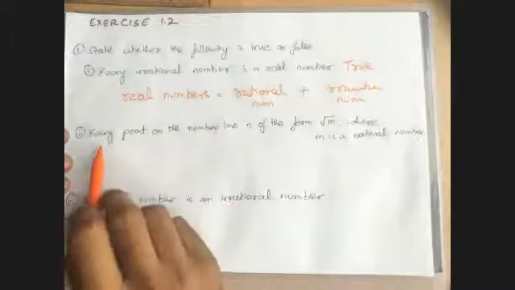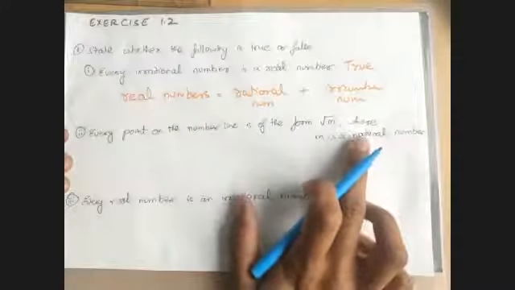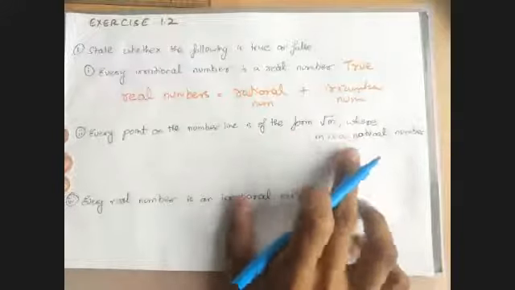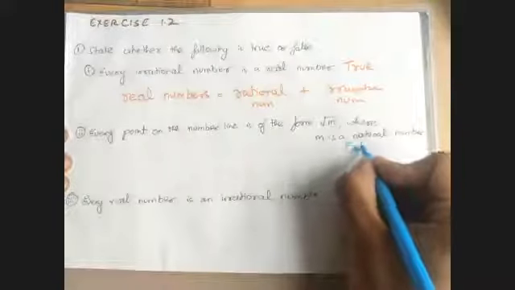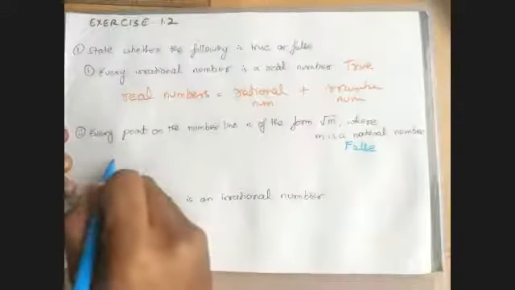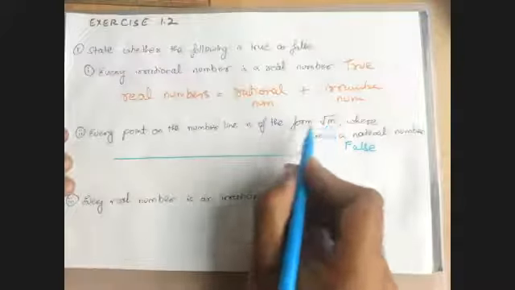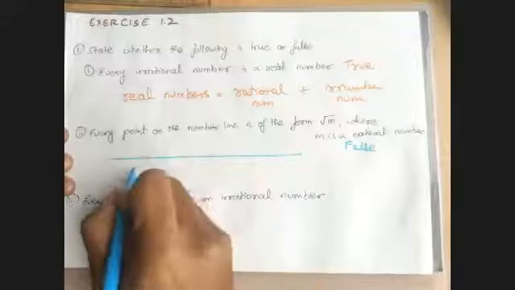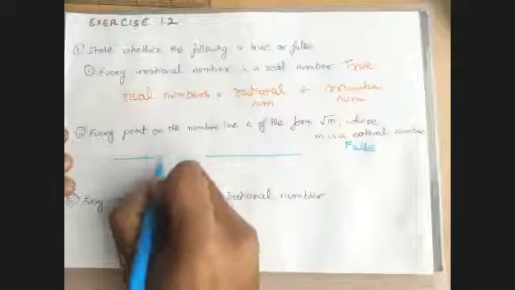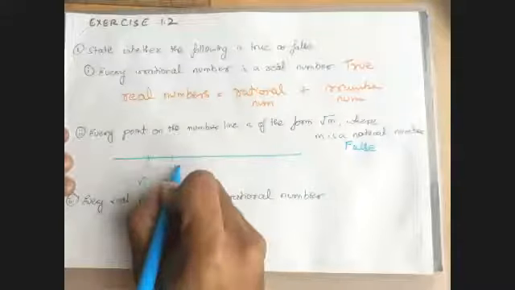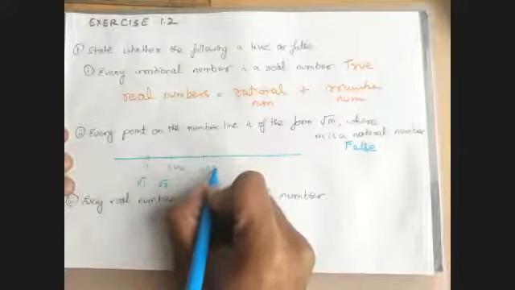Next one: every point on the number line is in the form of root m, where m is a natural number. Is it true or false? It is false. If we take a number line, let us plot one by one. Root 1 is 1. Then root 2 is 1.414. Then root 3 is 1.736.